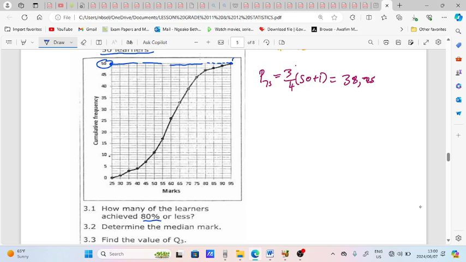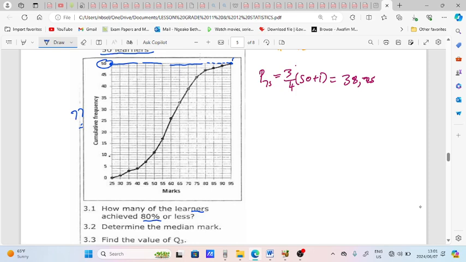The total number of the table of the frequencies. Now, how many learners? Where are the learners? This way. Can you see that? Alright, your answer is there.